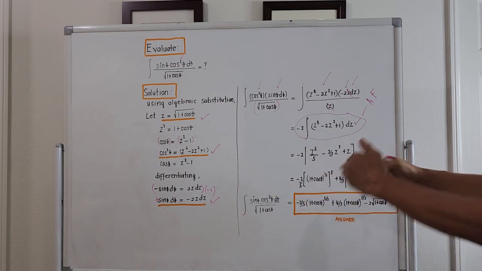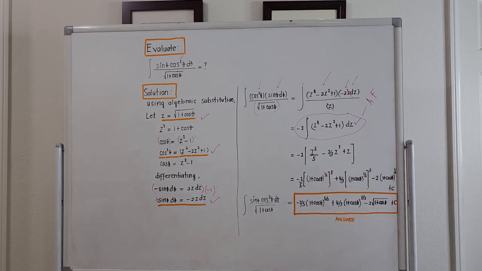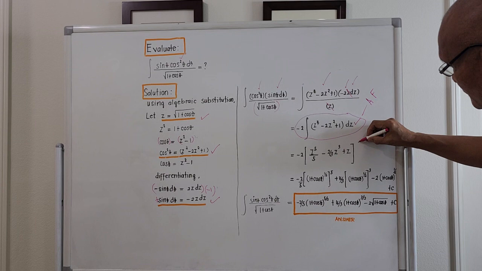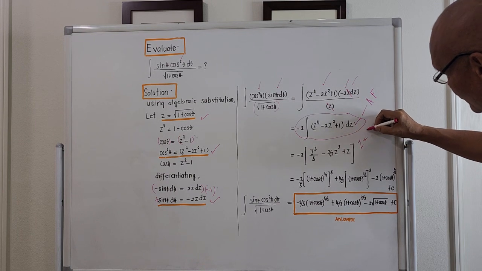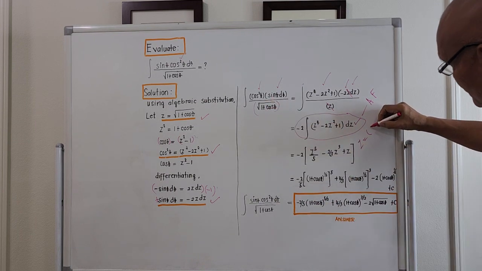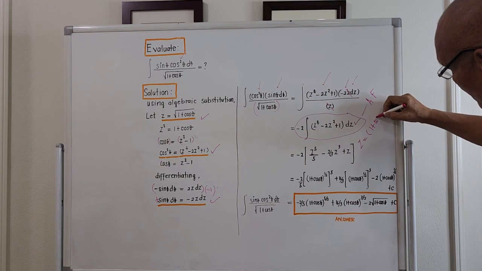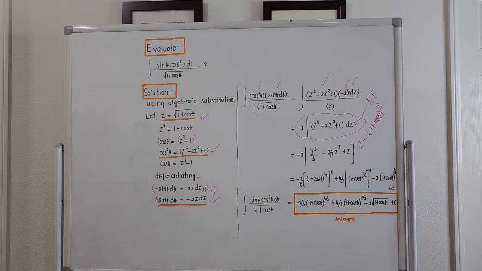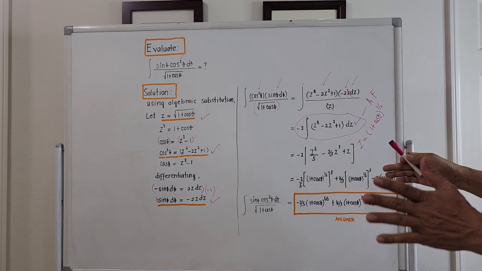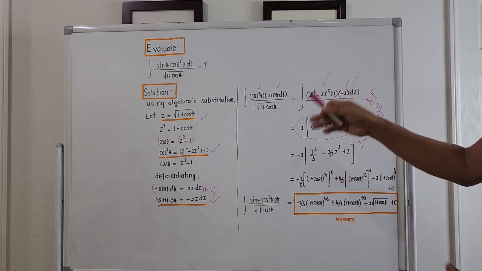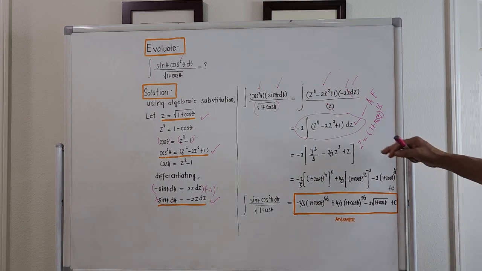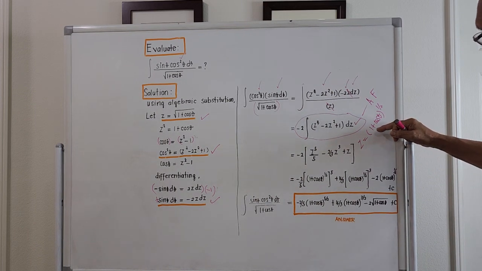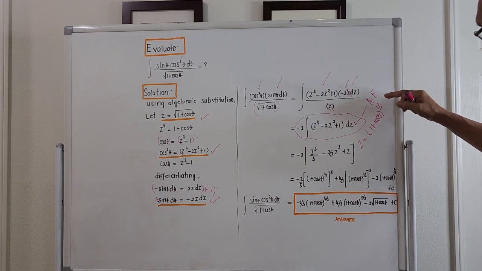And if we try to simplify this one, we will place back the value z. The value of z is actually 1 plus cosine of theta to the 1/2, or square root. So to bring out the final answer in terms of the original function theta, we will place z as equivalent to 1 plus cosine of theta to the 1/2.